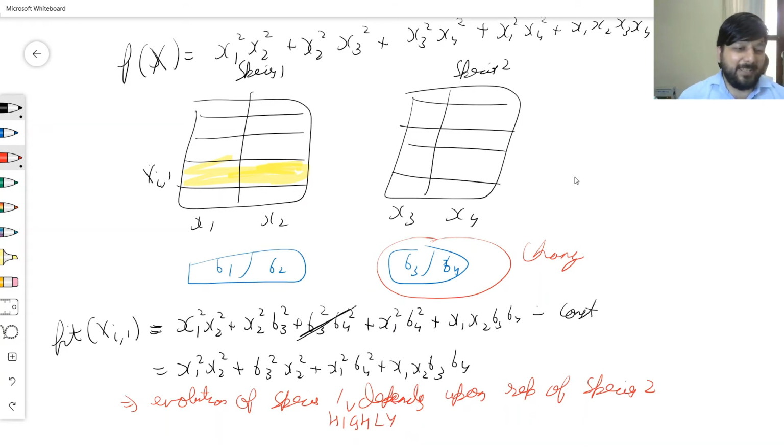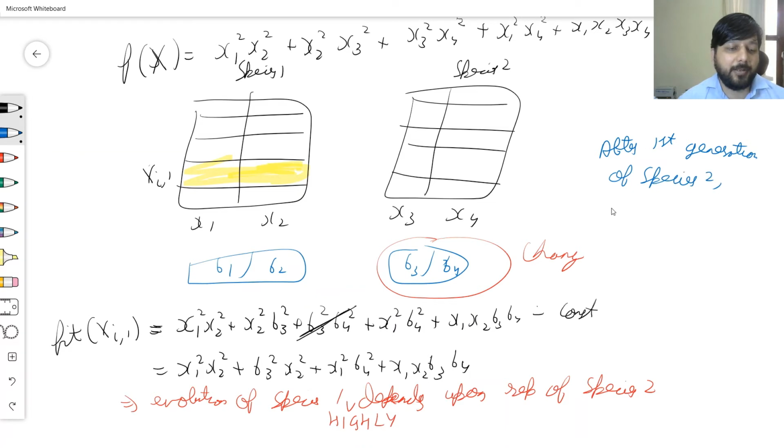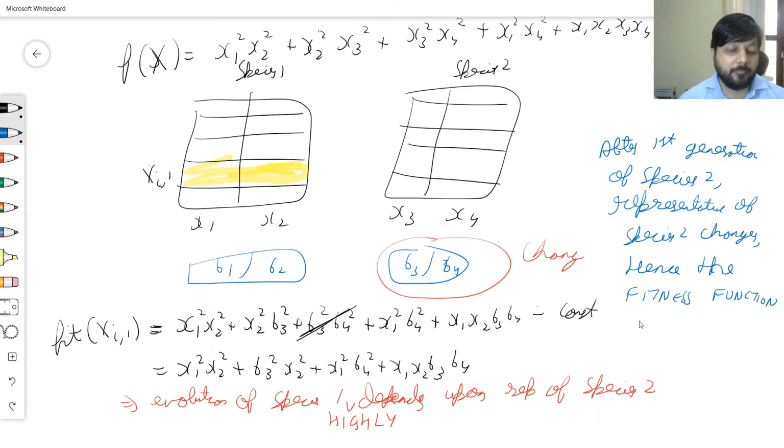So the problem here is, after first generation of species 2, representative of species 2 changes, hence the fitness function of species 1 changes, which means whatever it had done previously is not good enough.